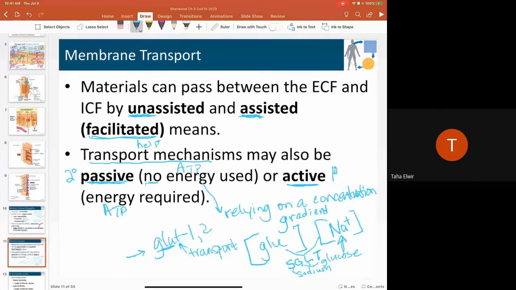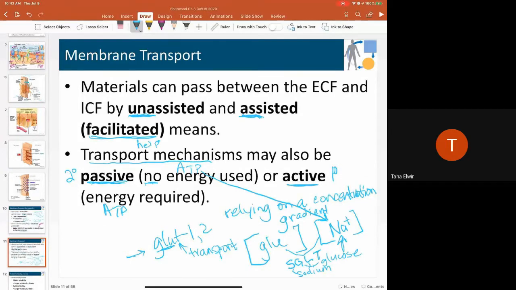No energy is used, but if it's using a gradient that is established by primary active transport like sodium, and not glucose, using ATP to maintain the sodium concentration low inside, then this would be secondary active transport.